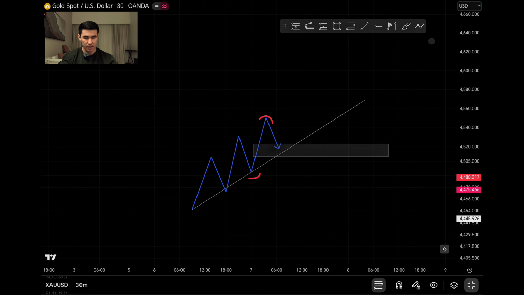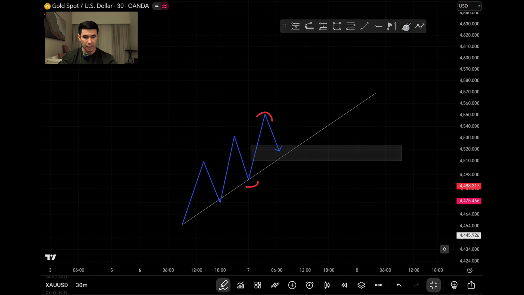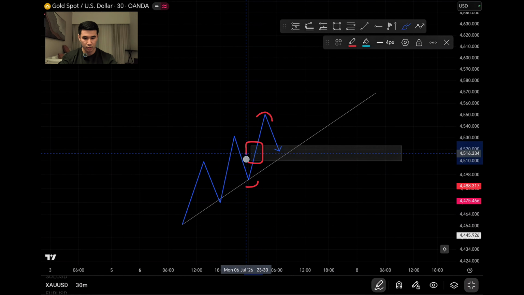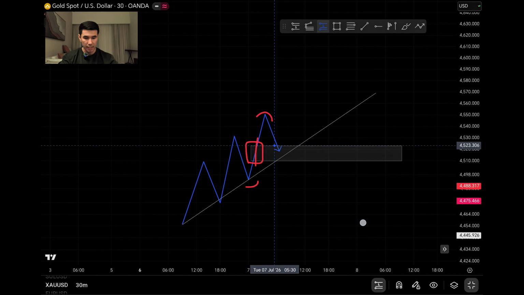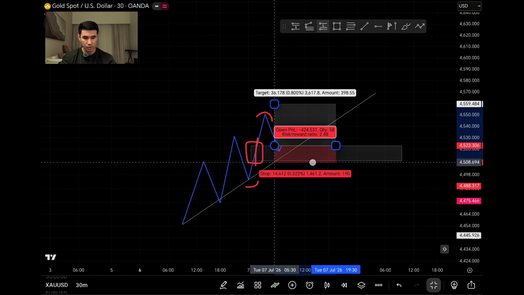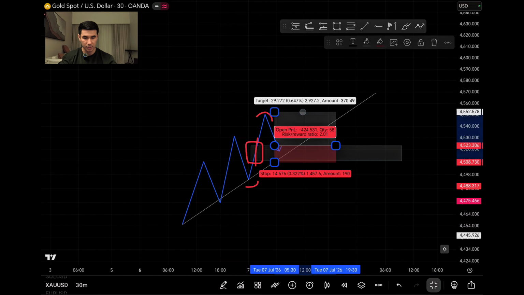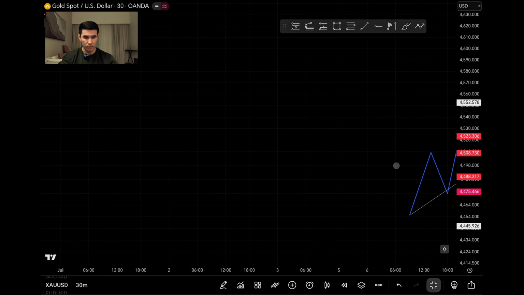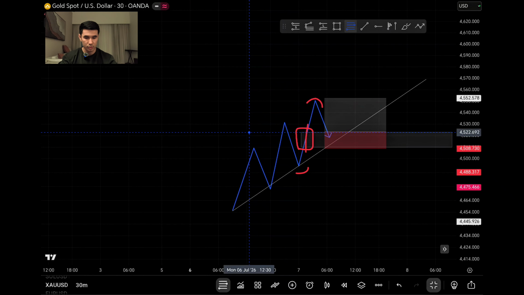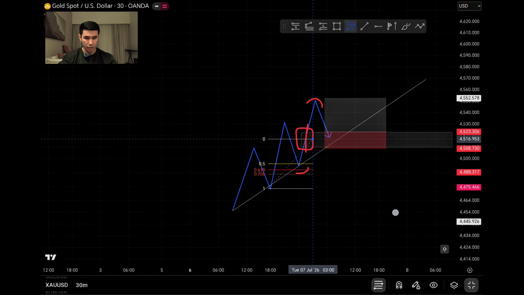And when the market is returning, as I mentioned, there will be some kind of order block inside the golden zone. So you can just enter from this order block, stop loss is below, and take profit is on the top. Even here you can do the same thing.